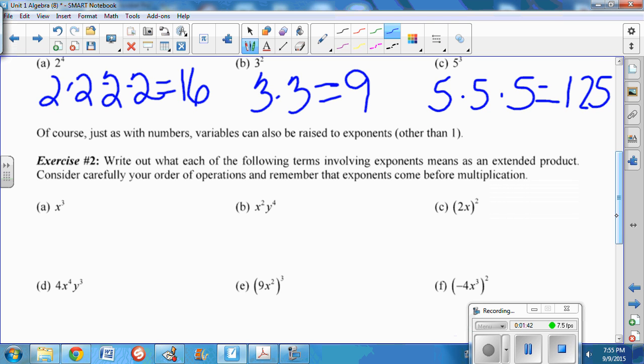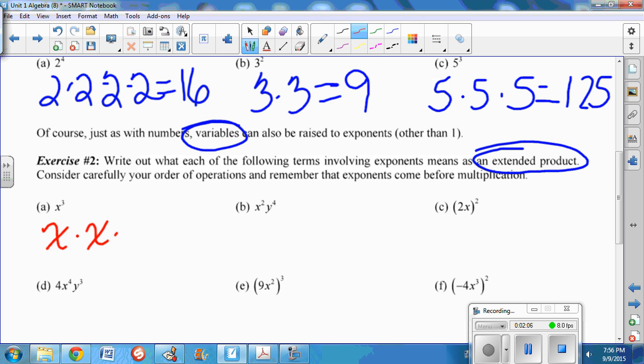Okay. So now let's turn this a little bit more into algebra, and let's throw in some variables into that mix. It says write out what each of the following terms involving exponents mean as an extended product. Carefully consider your order of operations. So what does x to the third mean? It means x times itself 3 times.